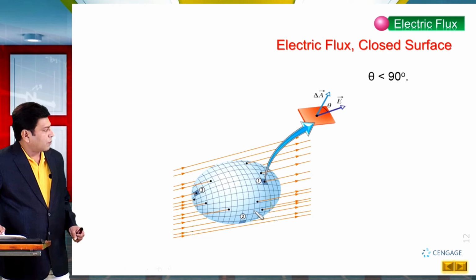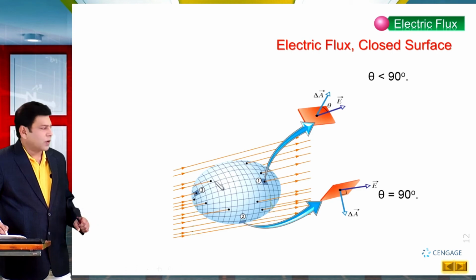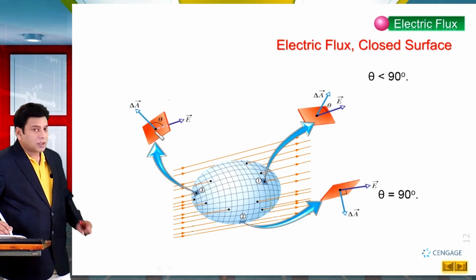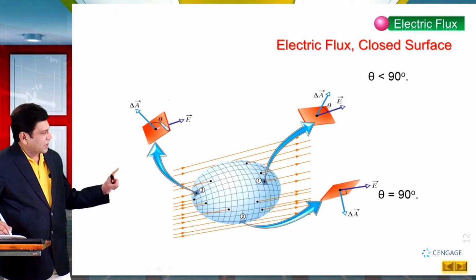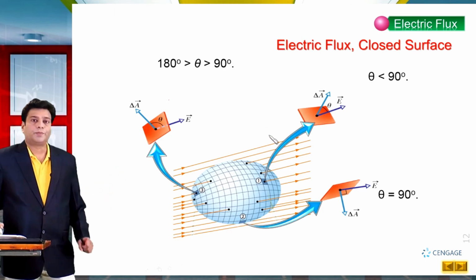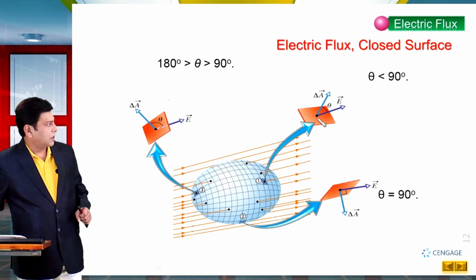Let us take one more element here. You can observe here electric field vector E and area vector here are making angle 90 degree. Let us make one more element, electric field in the right direction, and area vector is perpendicular to this element. So delta A is here, this angle theta, and this angle is greater than 90 degree and less than 180 degree.